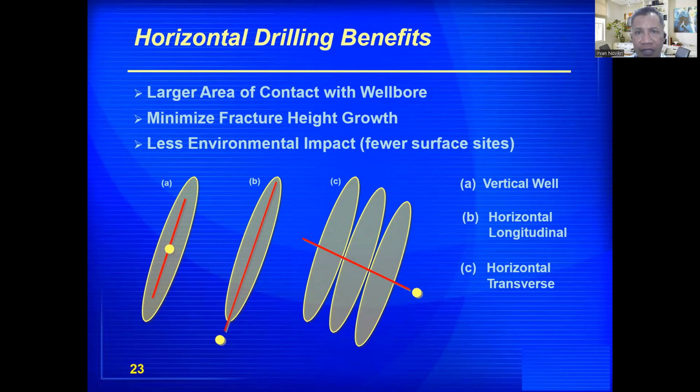And in a lot of cases, especially in the Marcellus, the western side of Colorado, and up in North Dakota, they're drilling directionally multiple wells from one pad and doing fracs on each one of them. So your environmental impact has become even less.